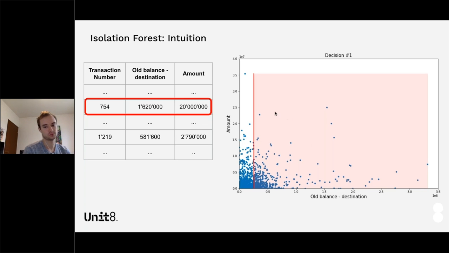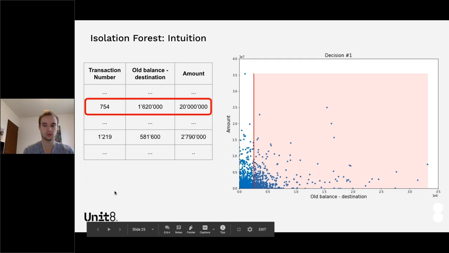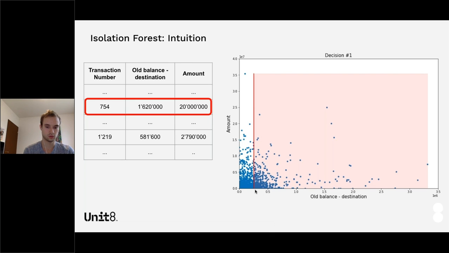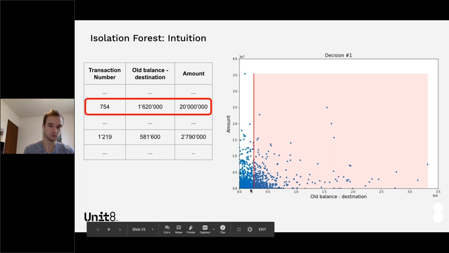In this particular case, a dimension has been randomly chosen, and the dimension is the x-axis. And the value which has been chosen is around 250,000. So here it's 0.25. You can see here.